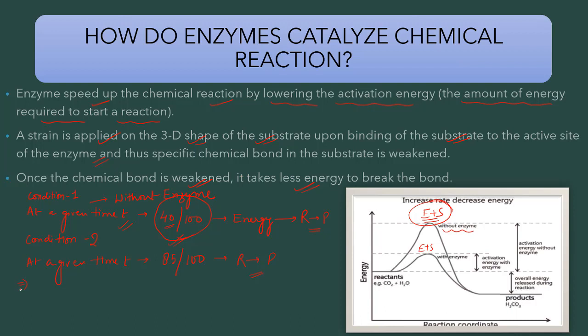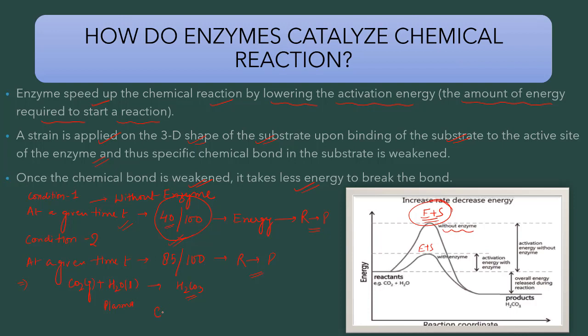In human physiology, when we study the respiratory system, CO2 gas dissolves in water, meaning plasma, to form carbonic acid. Without enzyme, the rate of reaction is very slow.